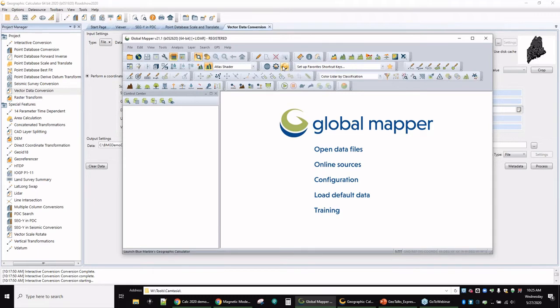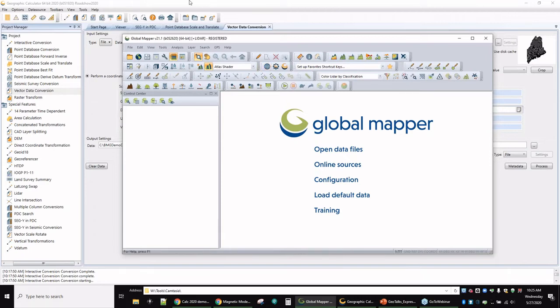Bringing those two worlds together, here in Global Mapper, you'll see there is a little toolbar that says Enable GeoCalc Projection Mode. GeoCalc projection mode basically replaces all of the native coordinate transformation abilities in Global Mapper and adds on basically all of the complex datum transformation methods that we have in here, adds in a number of projections, and really lets you dial in the control of the selection of those datum transformations.